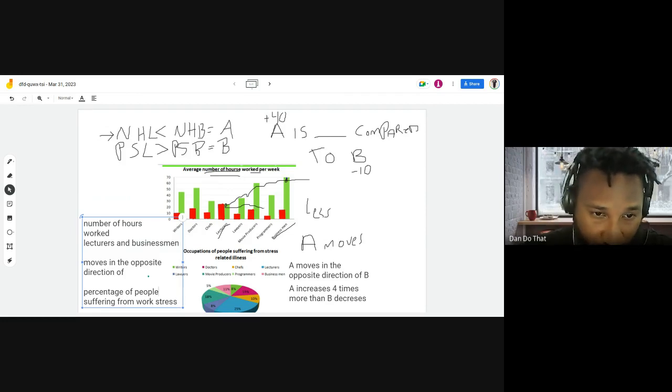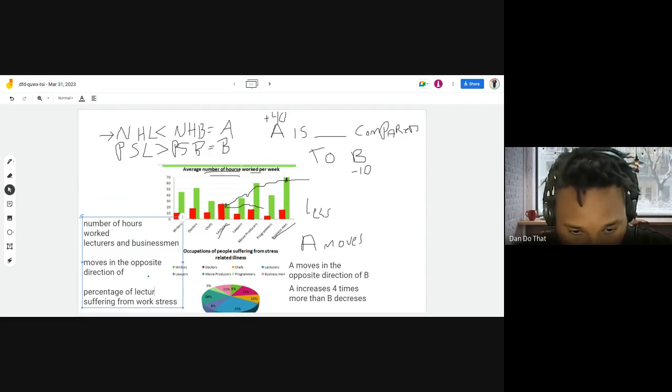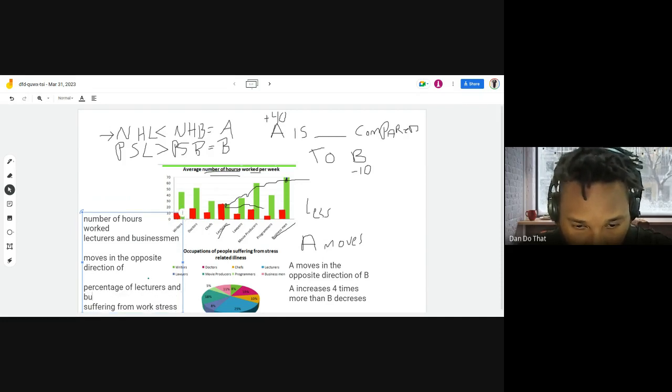Not percentage of people, sorry. Percentage of lecturers and, put those on two separate lines. Businessmen.